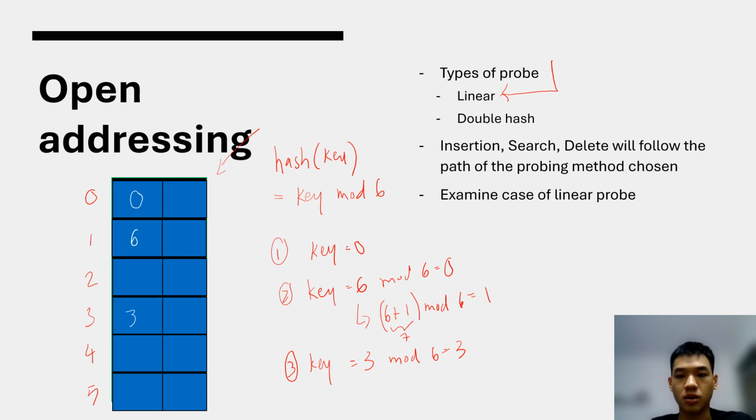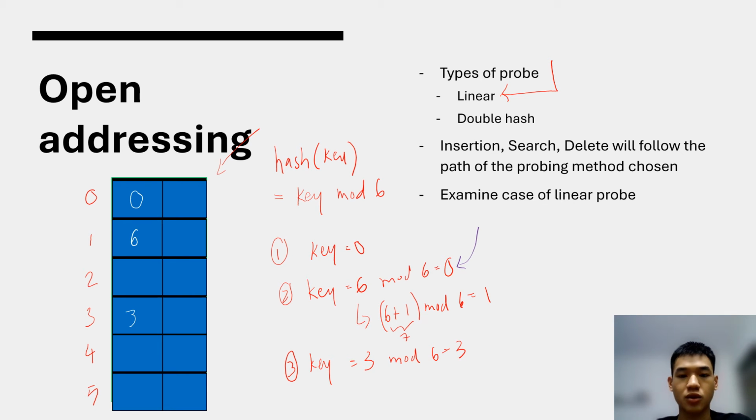Okay, for the idea on searching, if I want to search for key 0, I will apply the hash function on key 0, and that gives me hash slot 0. That's where 0 will be. But if you want to search for a key that was linearly probed, say key 6, then if I apply the hash on key 6, I get hash slot 0 here.